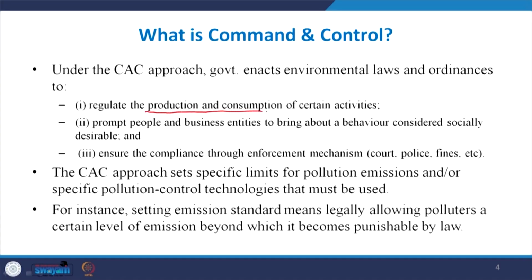Why are regulations required? Why does the government enact different kinds of environmental laws, ordinances or regulations to regulate the production and consumption of certain activities? Why is the emphasis on certain activities?